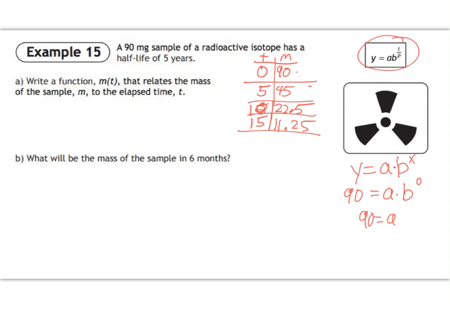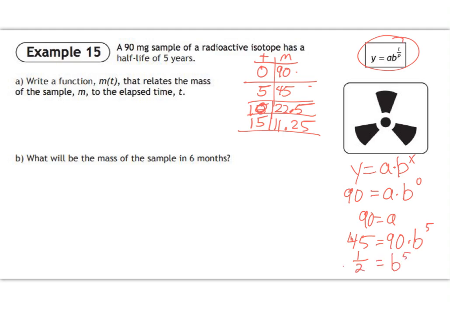Then if I try my second one, we've got 45 is equal to, we said a was 90, times b to the 5. I'm going to divide that by 90 to get a half.